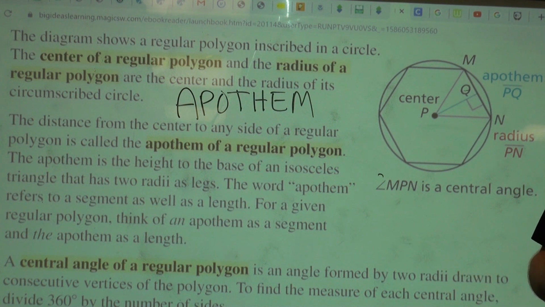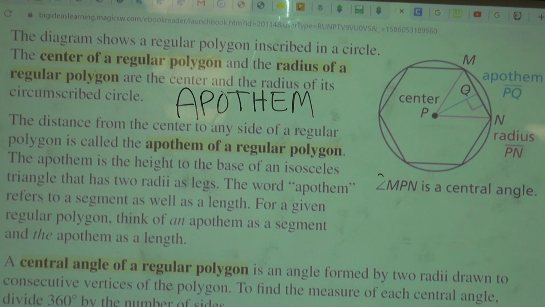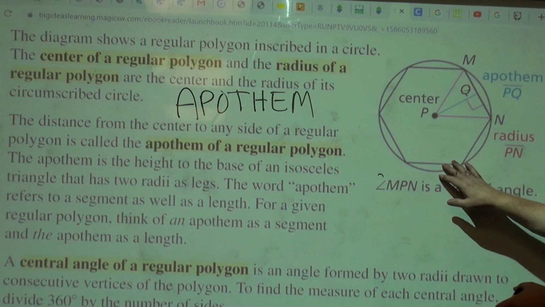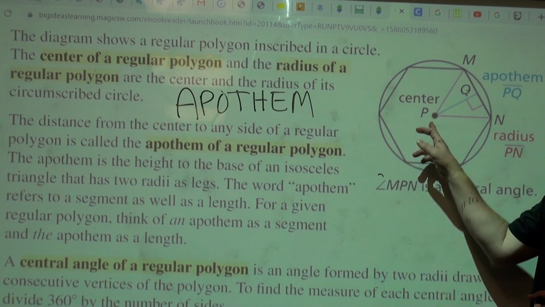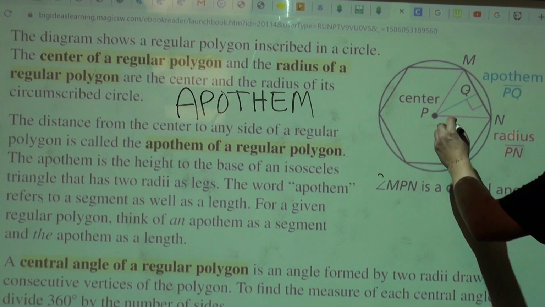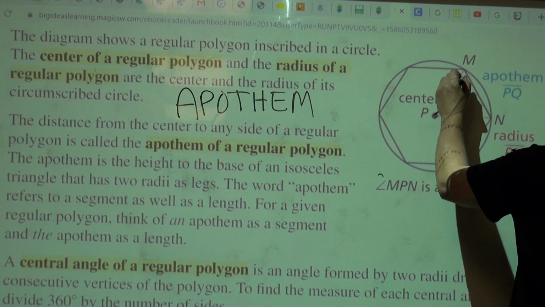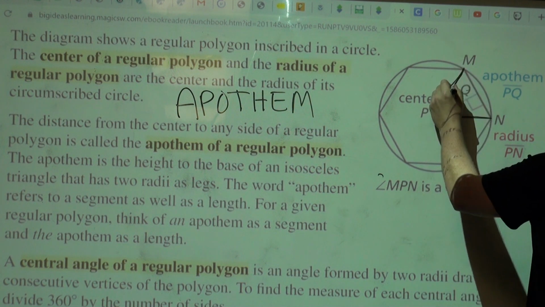It's like an equilateral triangle. It's an equilateral hexagon. The word regular means equilateral, okay? So we have this regular hexagon inscribed in this circle with a center here of P. So you've got these two lines drawn out to two different vertices adjacent to one another, M and N, okay?